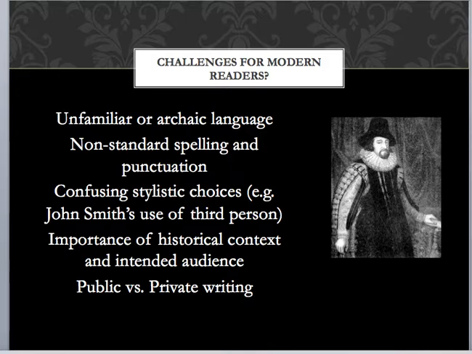And along with that comes some strange stylistic choices. For example, John Smith, in his writing in the General History, is writing a narrative that's based on his personal experiences, but he writes about it in the third person. So he writes about Captain John Smith doing this or doing that.